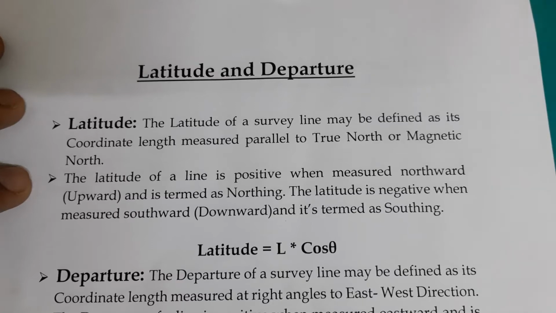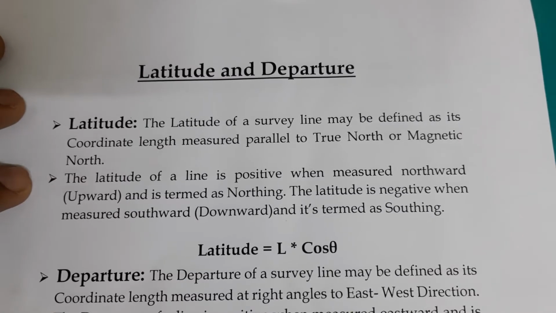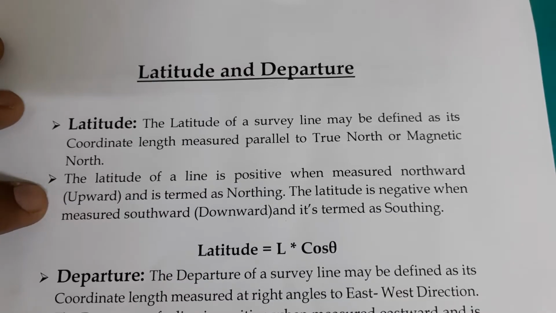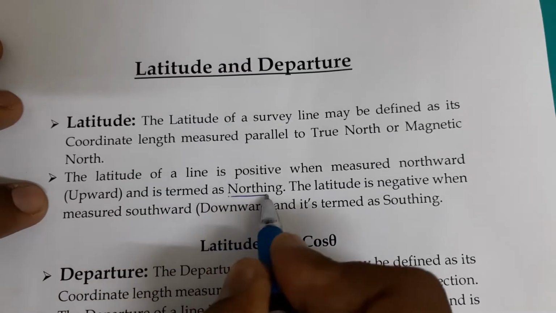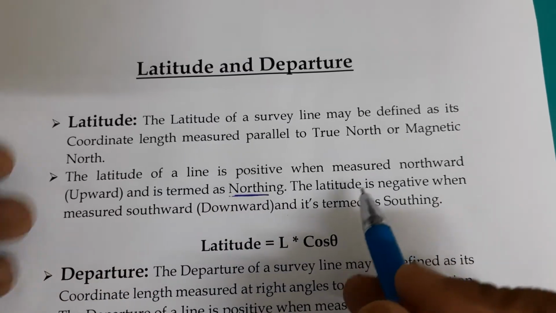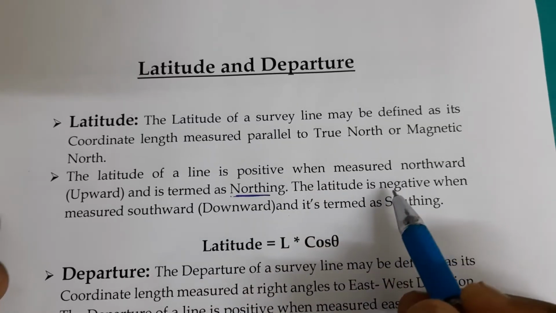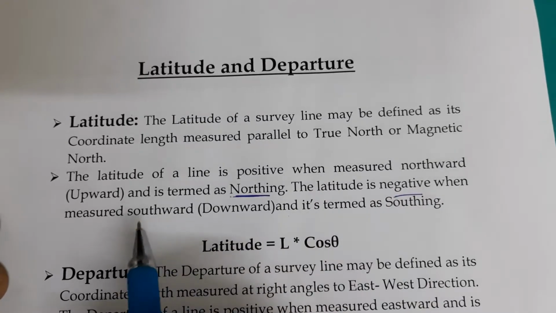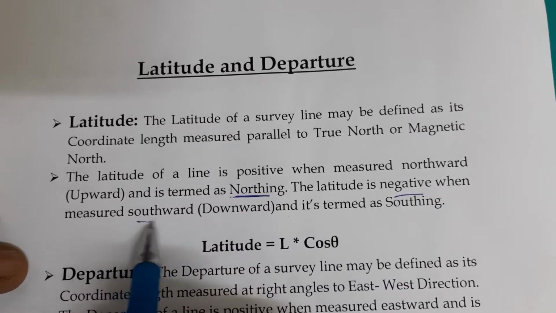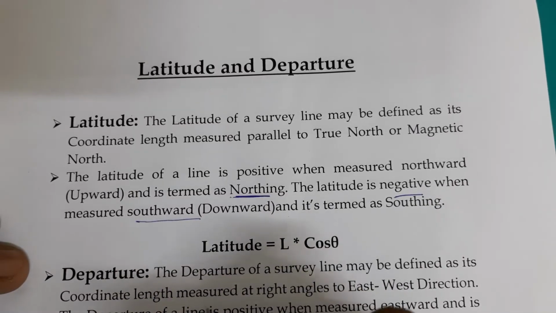The latitude of the line is positive when measured in the northward direction, or you can say the upward direction, and is termed northing. Similarly, the latitude is negative when measured in the southward, meaning downward, direction.